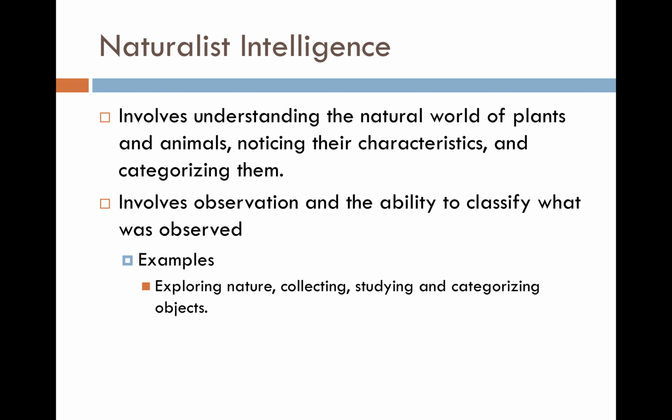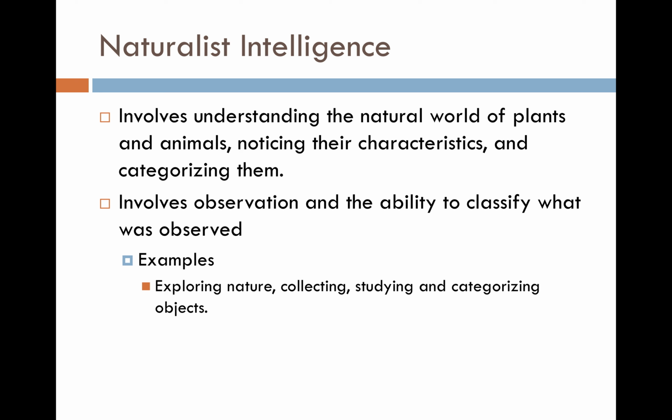Our last intelligence that we are going to discuss is naturalist intelligence. This area has to do with nature, nurturing, and classification. This is the newest of the intelligences and is not as widely accepted as the original 7.